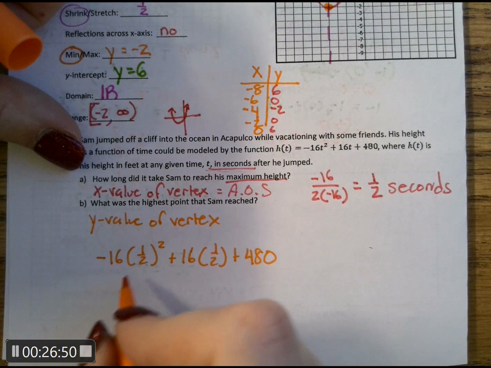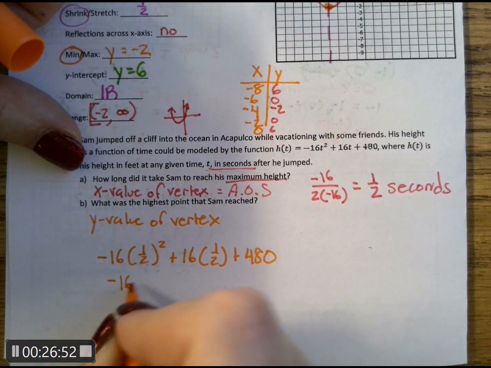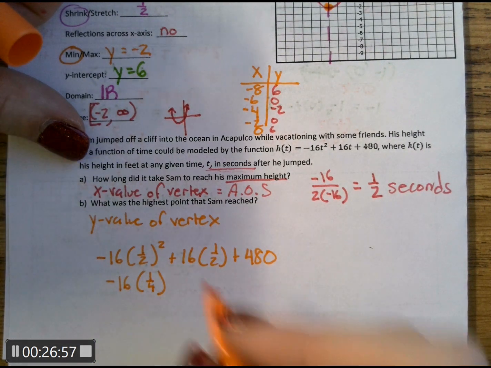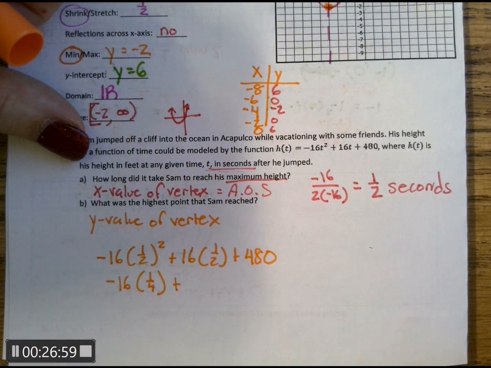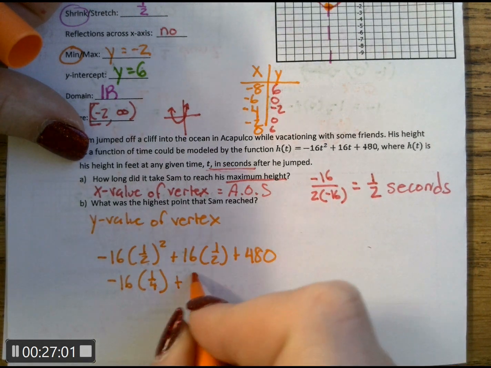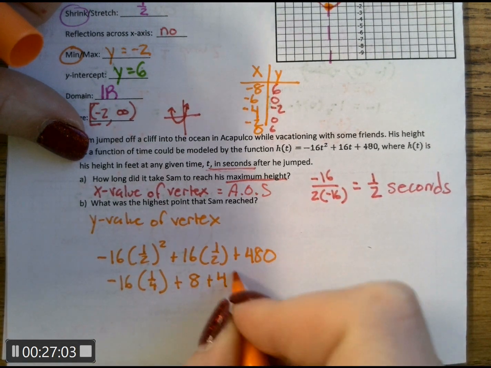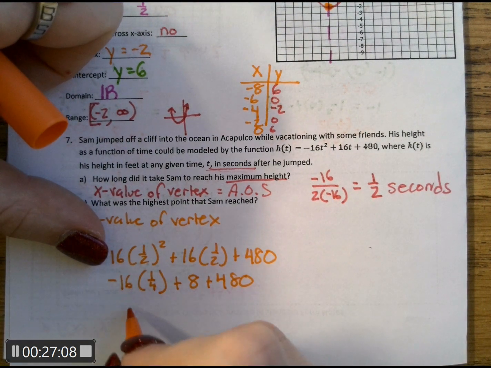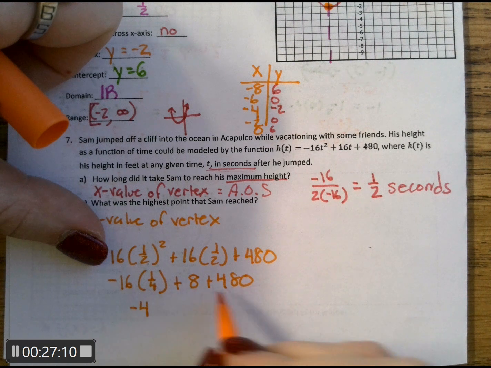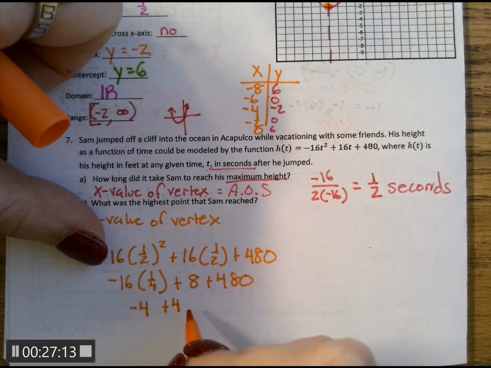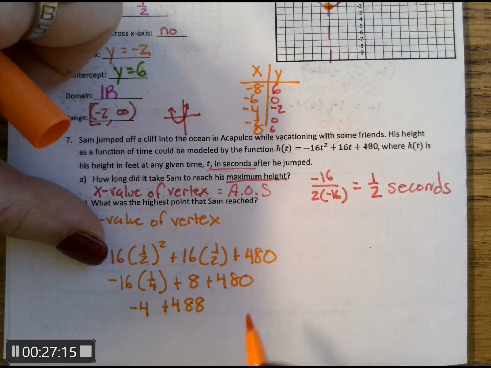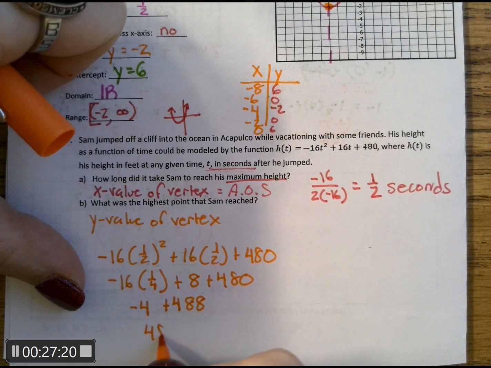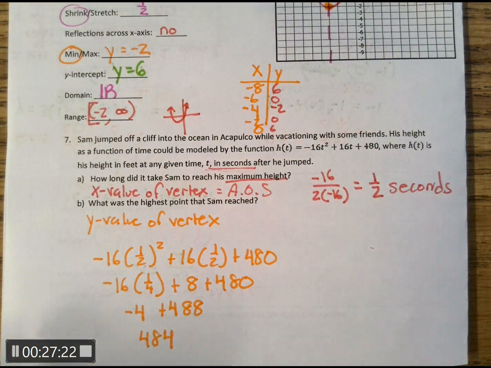Alright, well let's see, 1/2 squared is going to be 1/4, because 1/2 times 1/2 is 1/4, plus 16 times 1/2 is going to give us 8, plus 480, and then negative 16 times 1/4 is going to give us negative 4, and then 8 plus 480 gives us plus 488, and then negative 4 plus 488 is 484 feet.